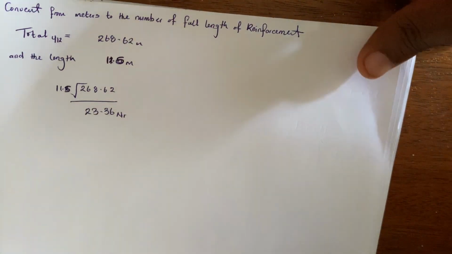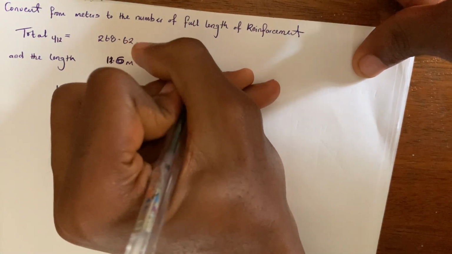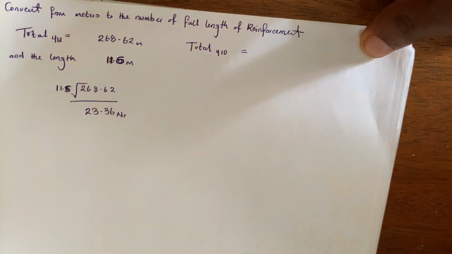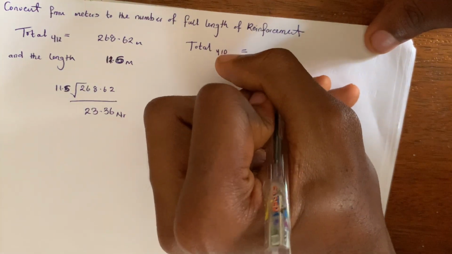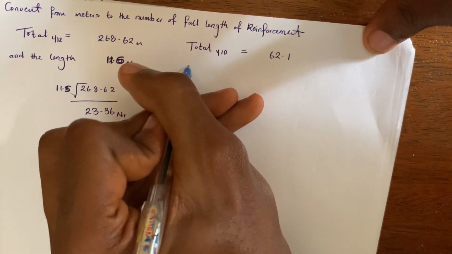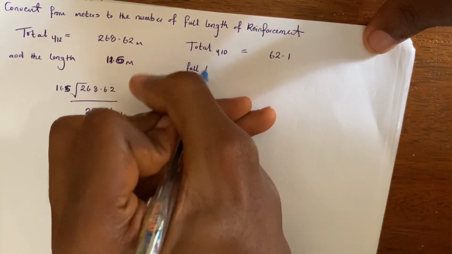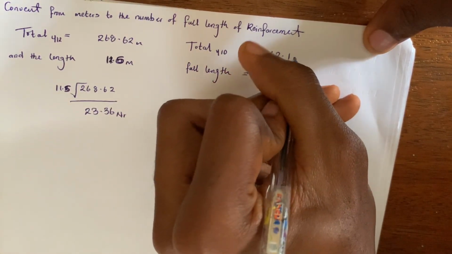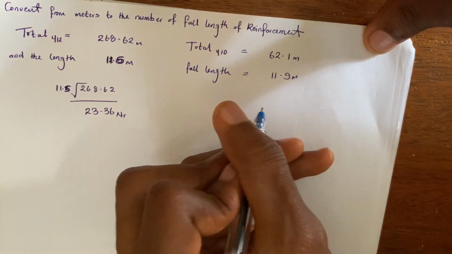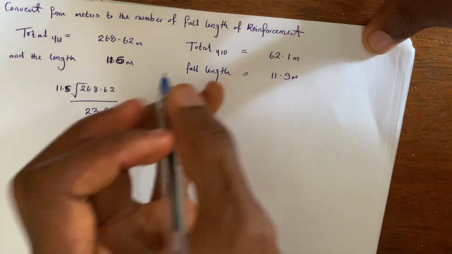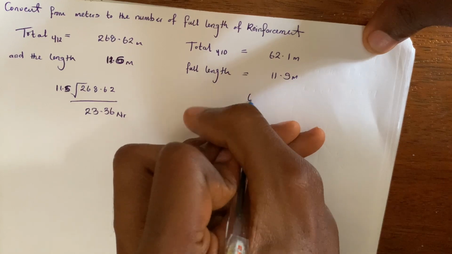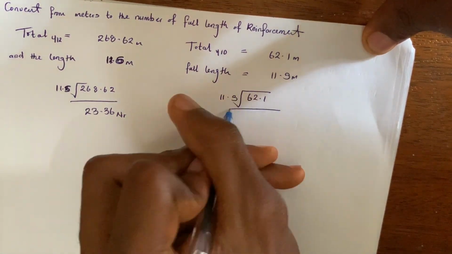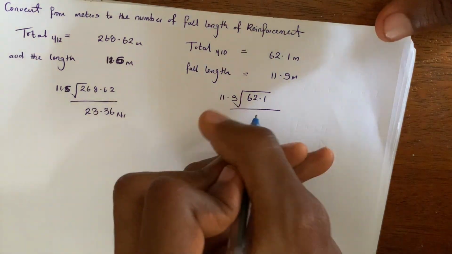Since we know that the total length of our Y10 is equal to 62.1 meters, and we know that the full length of a reinforcement is equal to 11.5 meters, in order to find the amount of reinforcement we are going to be buying in the market, we will say 62.1 divided by 11.5, and that will give us 5.4.